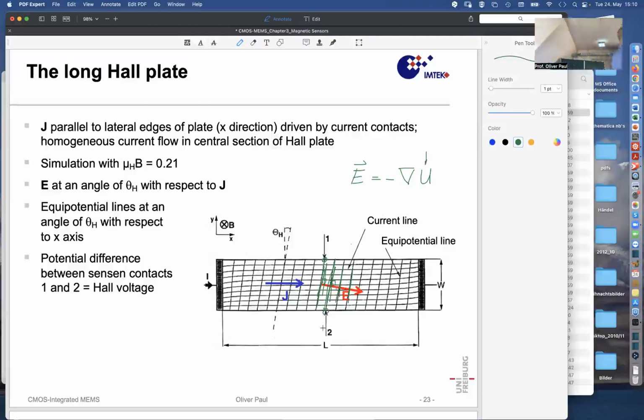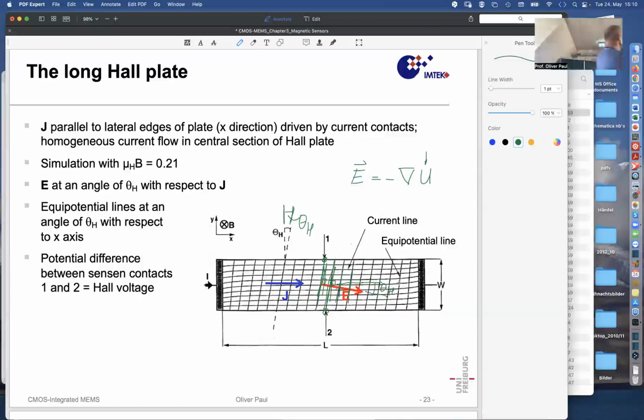That's the Hall voltage between those contacts. And the obliqueness of those lines with respect to this direction here is the same Hall angle, theta Hall, that is also the obliqueness of E with respect to J.